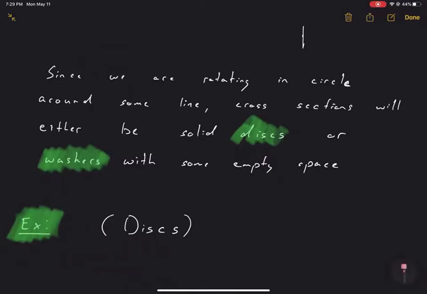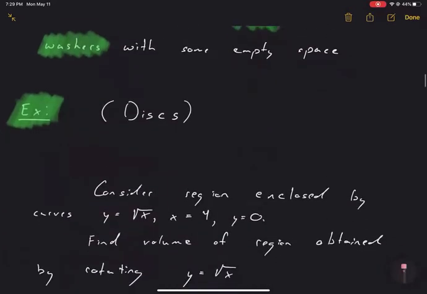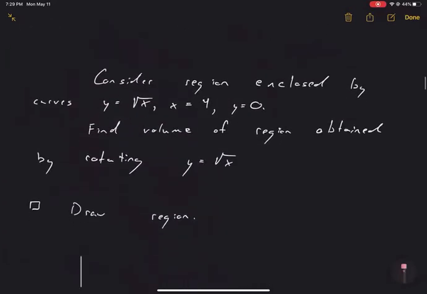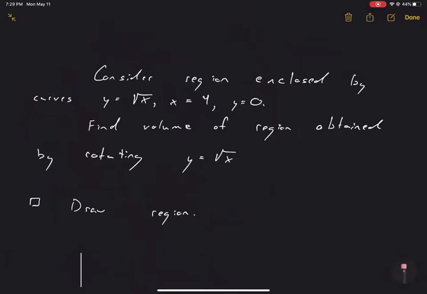Okay. Let's start with an example for the disks. So consider the region enclosed by the curves y equals square root of x, x equals 4, which is just a vertical line, and y equals 0, which is a horizontal line. Find the volume when we take that region and rotate it around. Oh, I've stated this poorly.